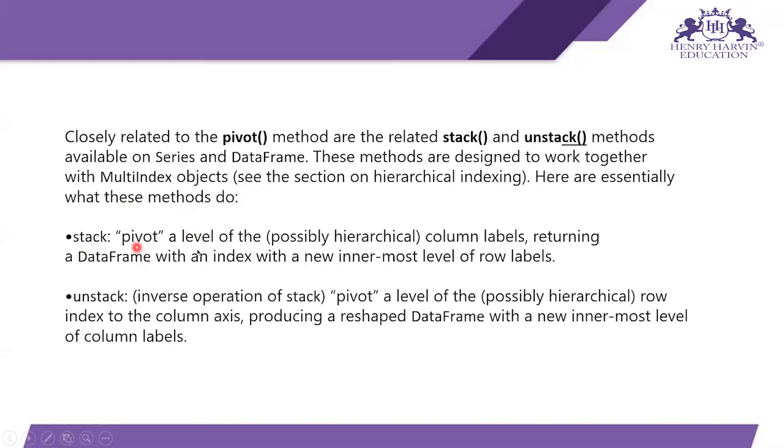Stack pivots a level of the possibly hierarchical columns, returning a data frame with an index with a new innermost level of rows. Unstack is the inverse operation of stack: it pivots a level of the possibly hierarchical row index to the column axis, producing a reshaped data frame with a new innermost level of columns.